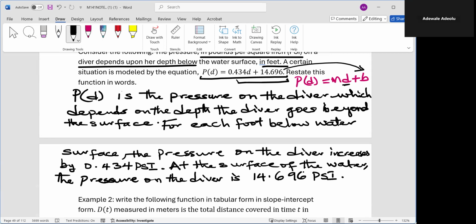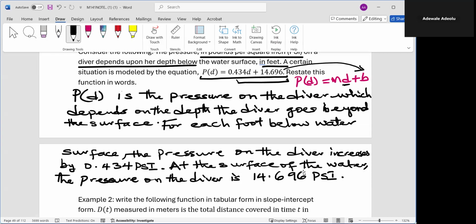Does that make sense? So that means when the diver has not even gone any foot into the water, the diver is experiencing 14.696 psi.